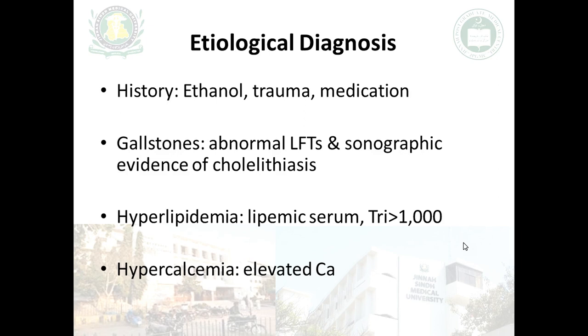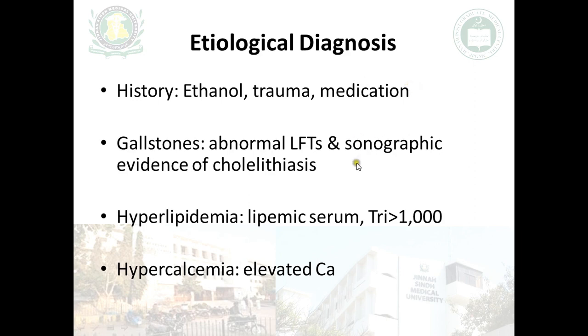After the diagnosis of acute pancreatitis, you need to know the etiological diagnosis, why the acute pancreatitis has occurred. The things that will help you are, first, the history: whether the patient is taking alcohol, has had trauma, or is taking any typical medication that causes acute pancreatitis.